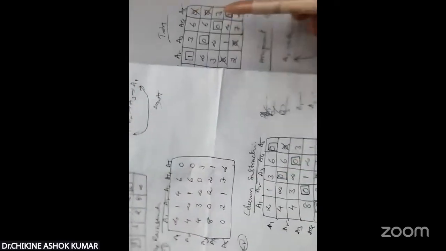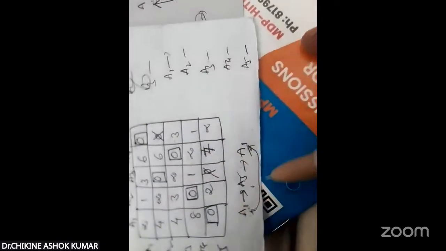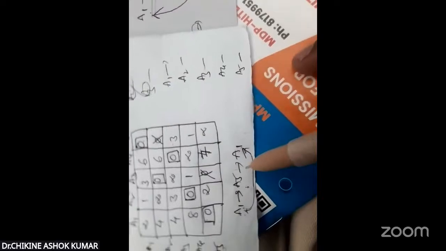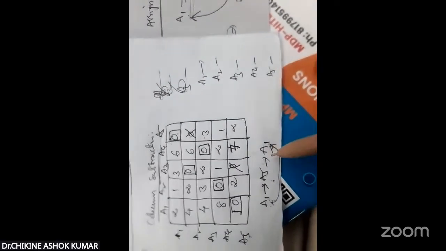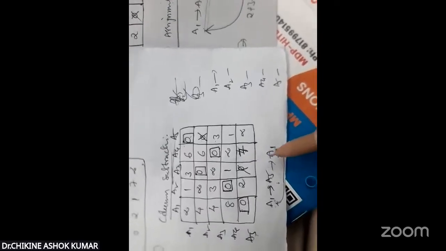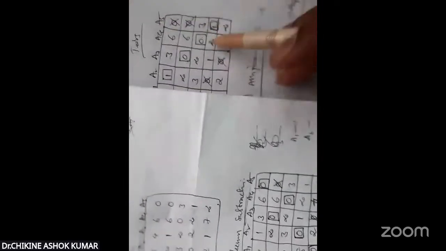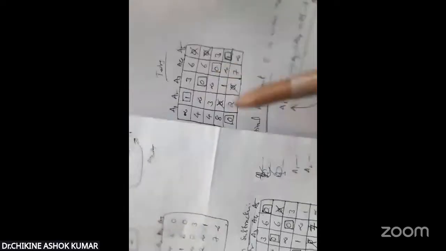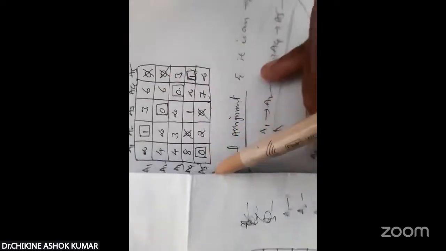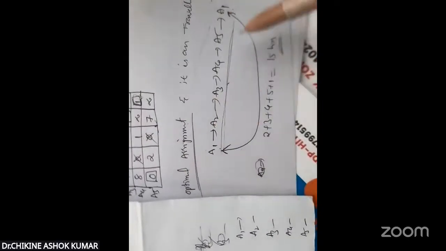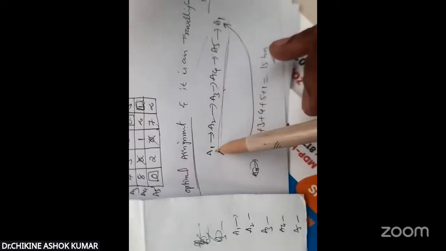Before adjusting this, we got a chain like this, so it was not a traveling salesman problem. It was just an assignment model problem only. By taking some rearrangements after the existing optimal solution, I am adjusting all the branches like this, A1 to A2 chain rule.